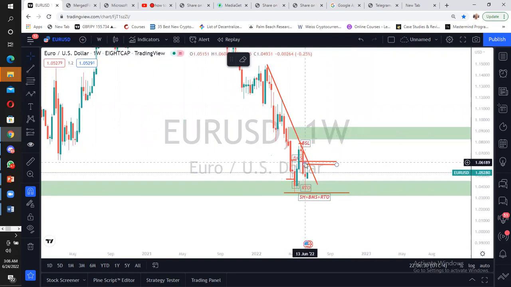Between here and here, there's a gap that brought this structure here. All right. So this is a fair value gap. So market returns to it to push back down.